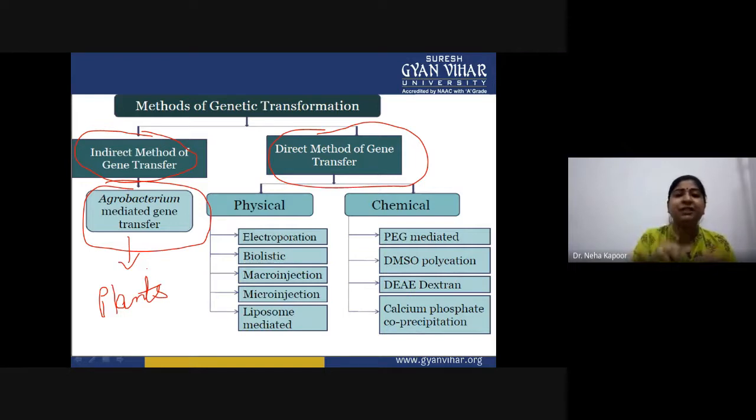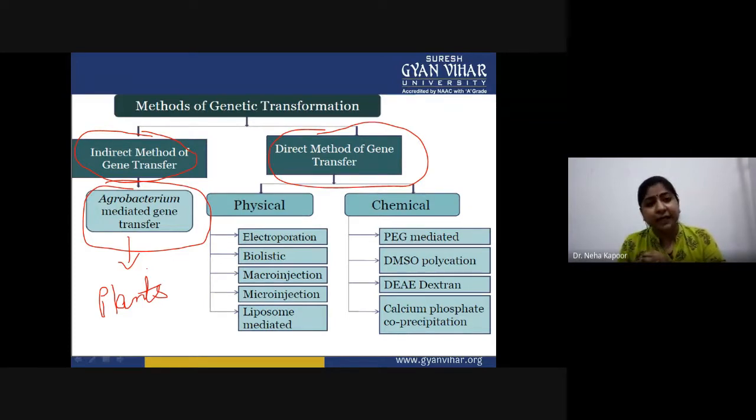We can insert our gene of interest inside that T-DNA, and then we can transform the plant protoplast with those recombinant Agrobacterium tumefaciens. So this is one side of the story of the transformation process. Another point is direct transfer.